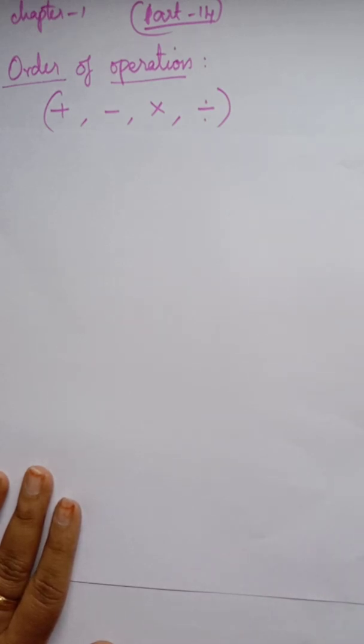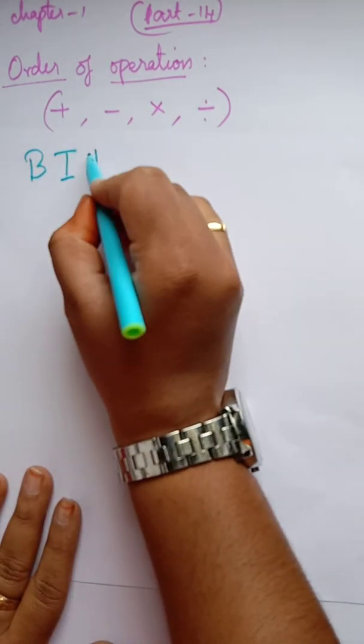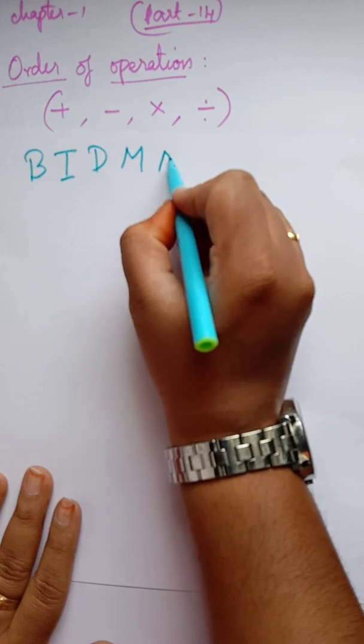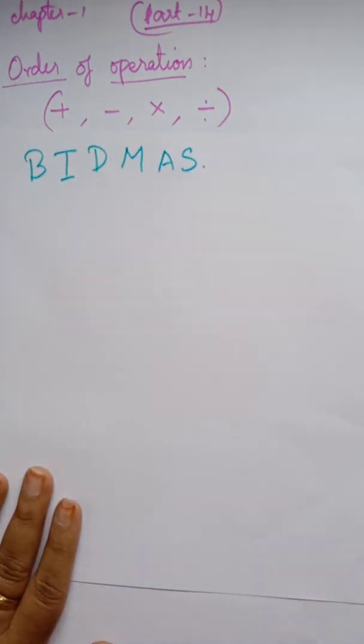So order means one after another, one by one. Likewise, we are going to see a new rule named BIDMAS. Clear? It is named BIDMAS.